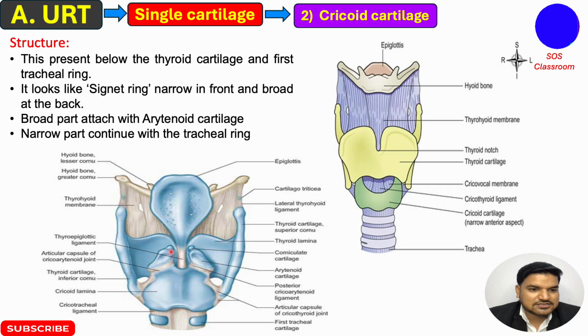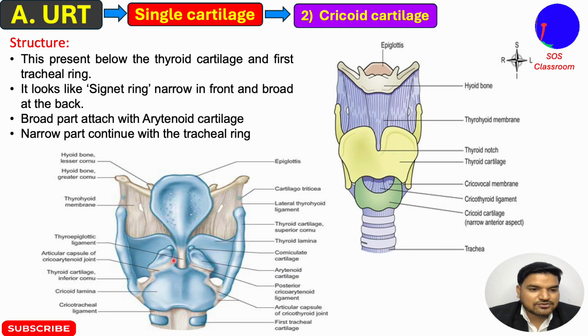You can see this structure is just like a bird, like a parrot, and another parrot. These parrot-shaped structures are the arytenoid cartilages. The arytenoid and cricoid cartilages are joined by the articular capsule of the cricoarytenoid joints.